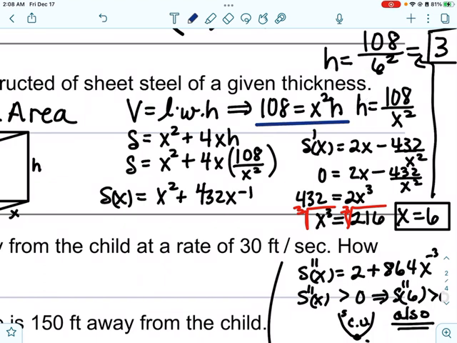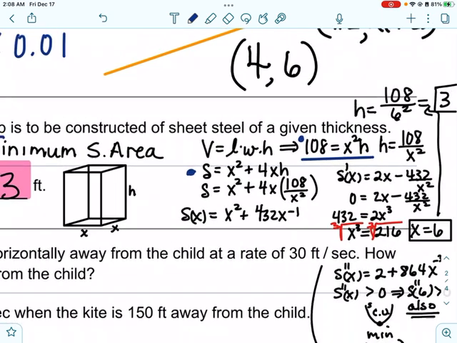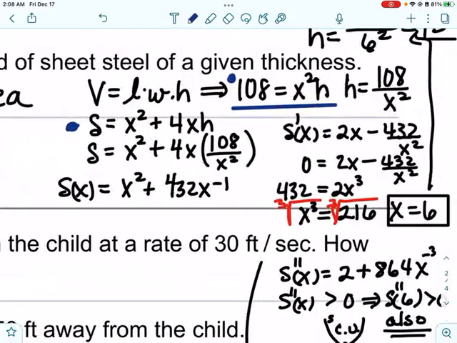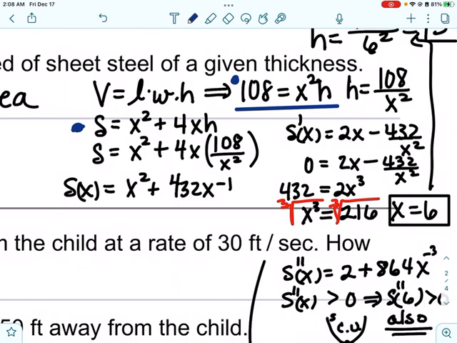And then remember, we do this kind of system of equations, where we have the first equation, the volume equation, which has two variables in it, and the same variables exist in the surface area. In this case, we want a minimum surface area, so we have a minimum weight.